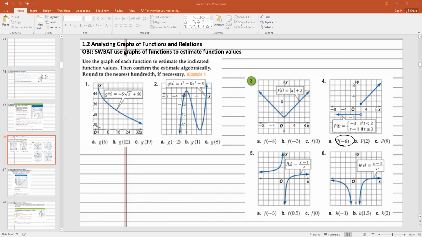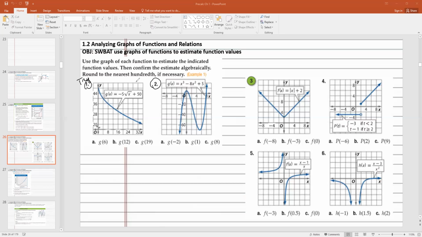And the same with p of 9. So just keep that in mind. Let's do number two. Why don't you try number one, and I'll do number two.